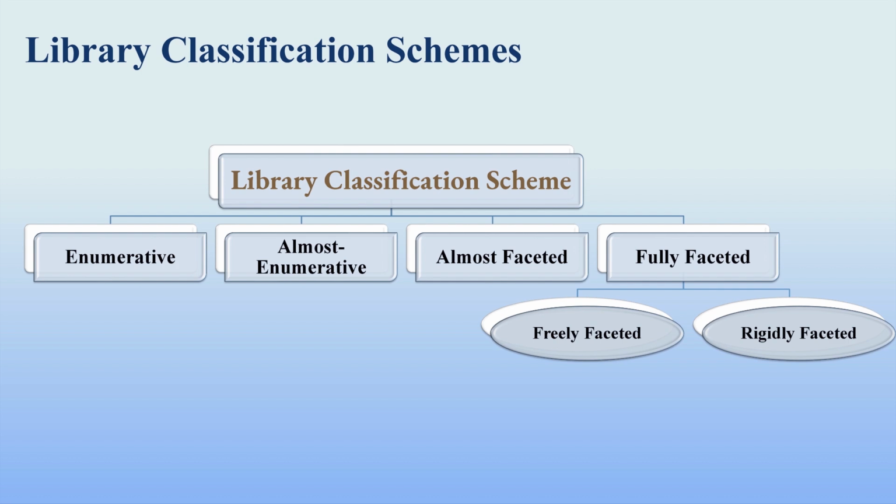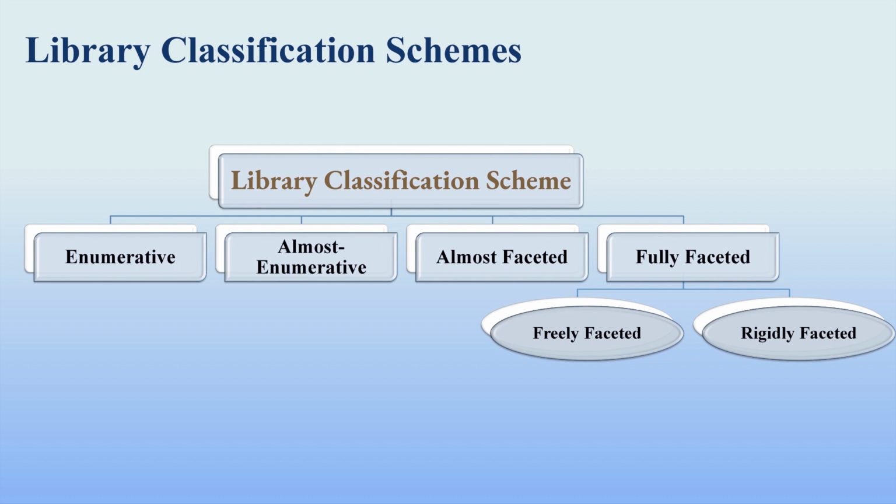The third subdivision is almost faceted. You should have heard about Universal Decimal Classification; this is an almost faceted classification scheme. And finally, the fully faceted. The fully faceted classification schemes can be subdivided into two subdivisions: rigidly faceted classification schemes as well as freely faceted classification schemes.